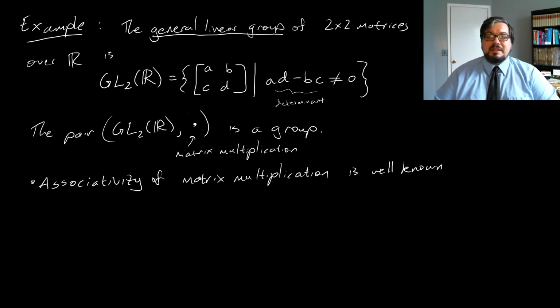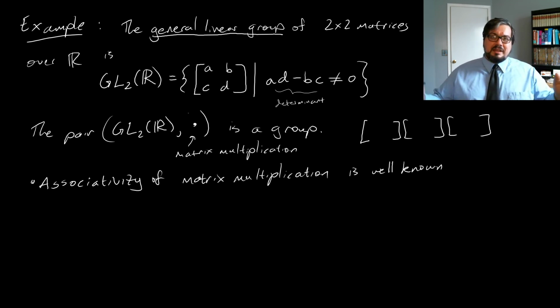You can sit down with 3 matrices and give them all a bunch of variables, A1, B1, C1, D1, A2, B2, C2, D2, etc. Multiply them in a couple of different ways and see that you wind up with the same thing. It's a bit of a pain, takes a long time, but it's not difficult at all. So associativity of matrix multiplication is well known.